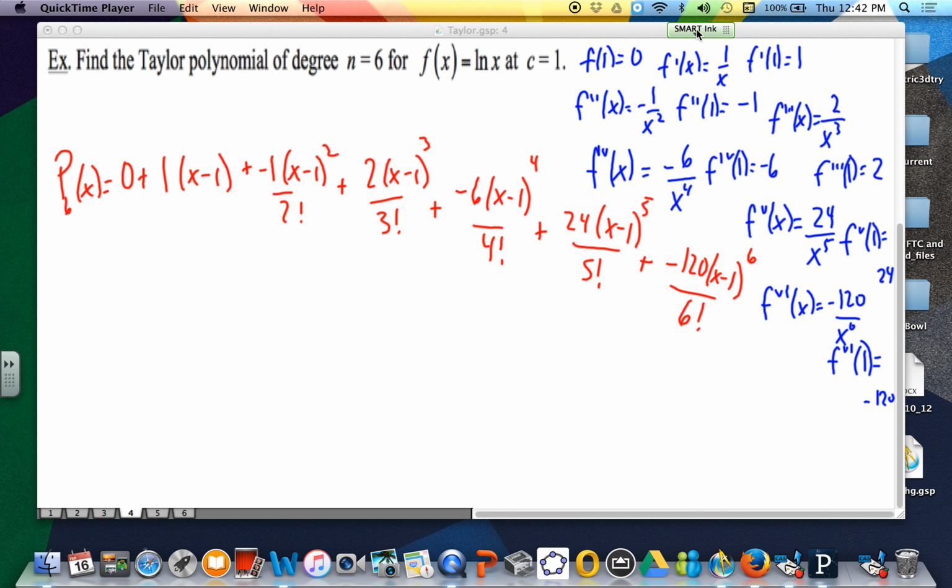Now, we don't have to clean this up, but what's beautiful is the patterns that emerge.